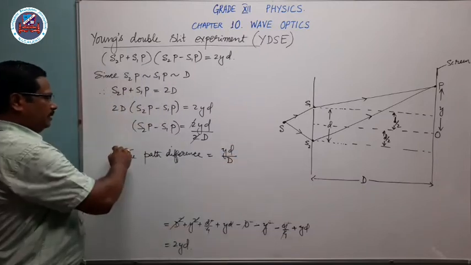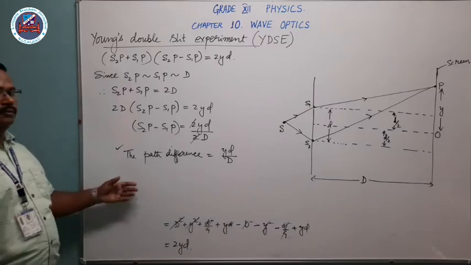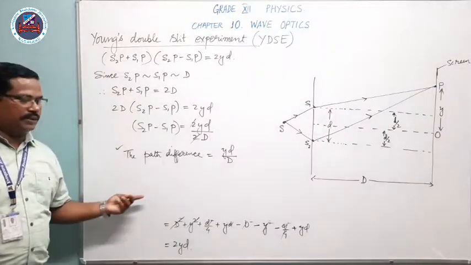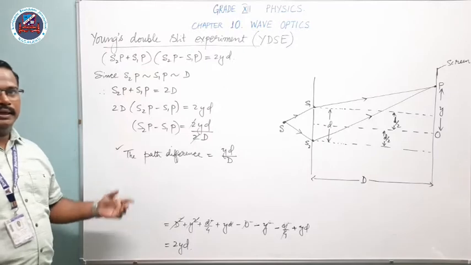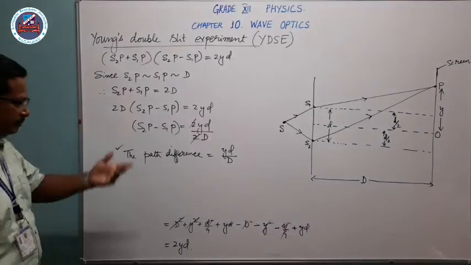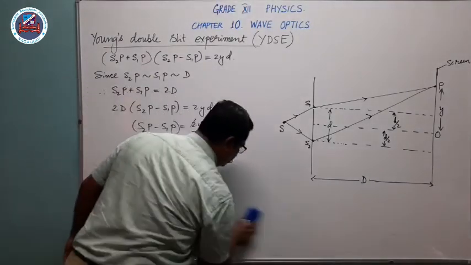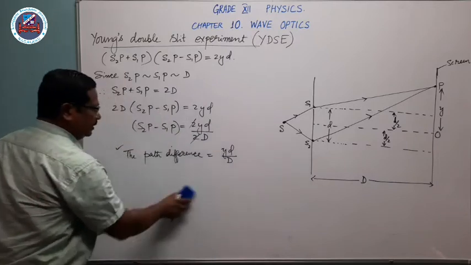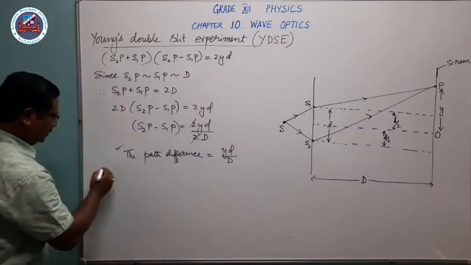After finding this path difference, now you go for constructive interference and destructive interference, at what points you get constructive and in which points you get destructive, that you can find out. Let us see.